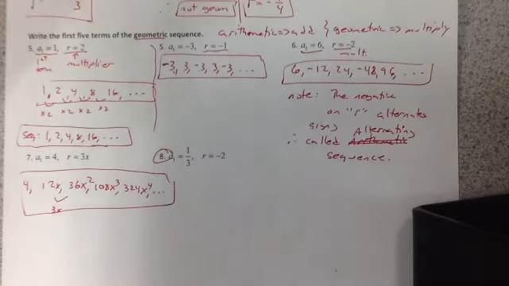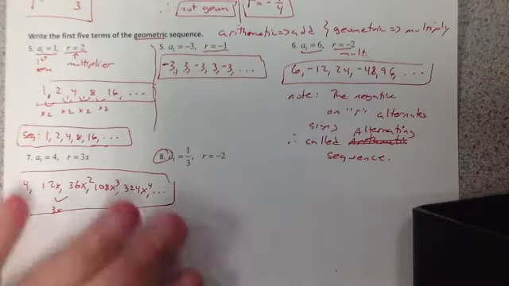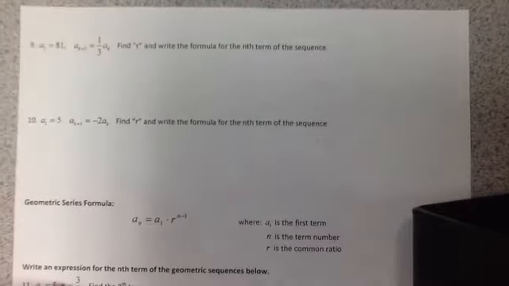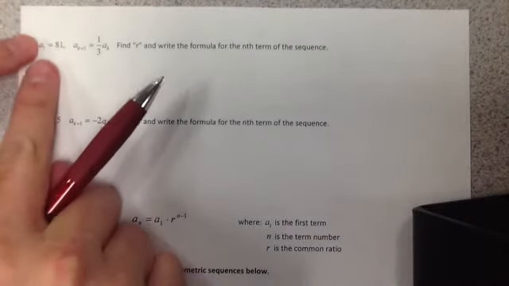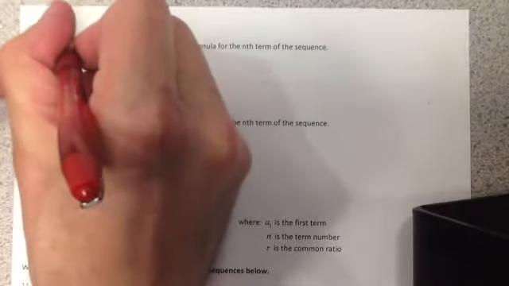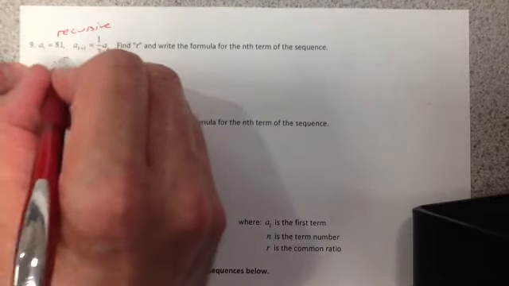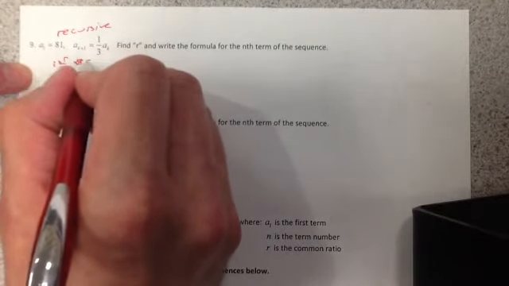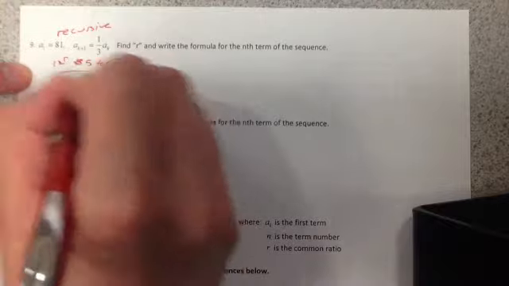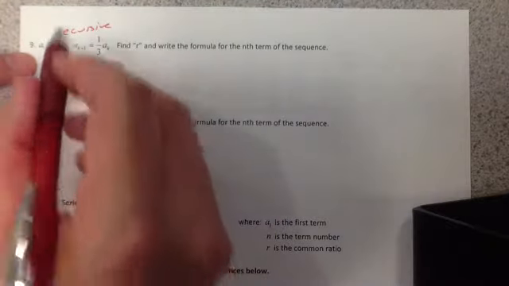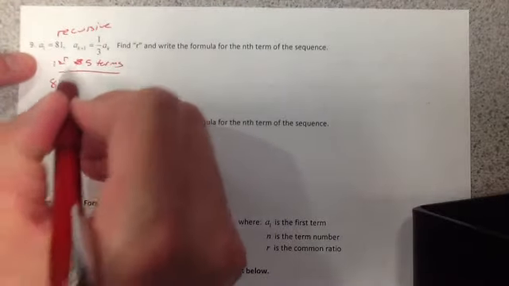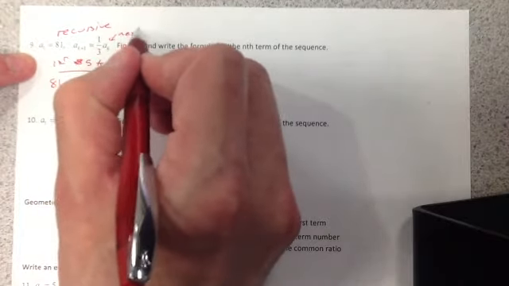In the meantime, let's go into the other side here and take a look at numbers 9 and 10 before we go to part 2. All right, number 9. Same thing. This is recursive now, and again, we want to write the first 5 terms. What's nice about recursive, if you remember, is that given my first term, this gives me my next term.